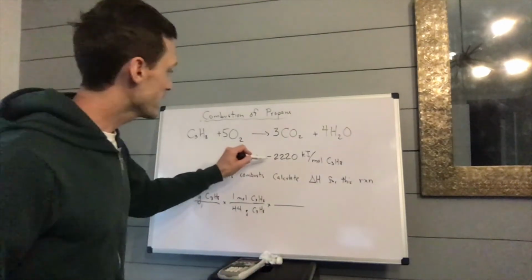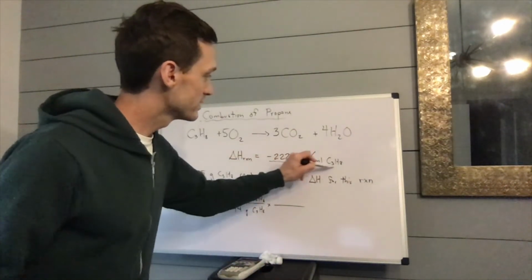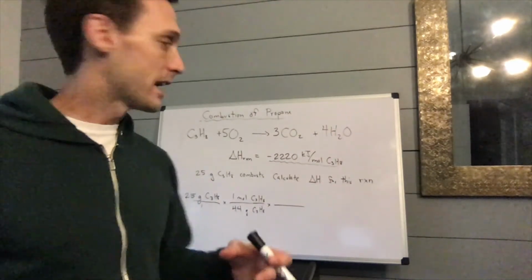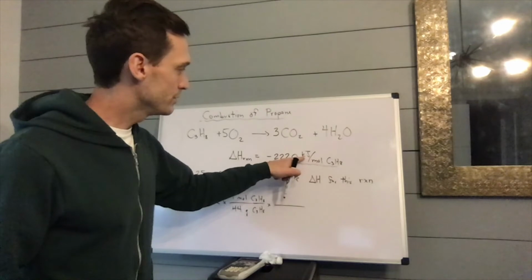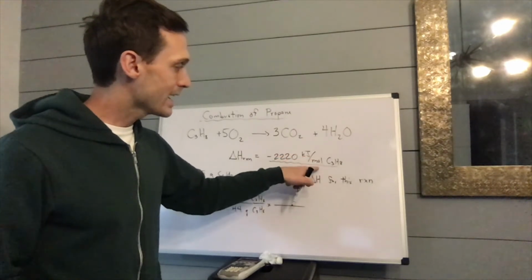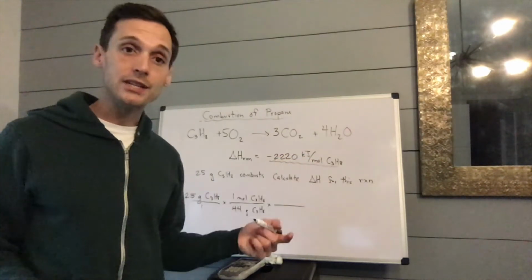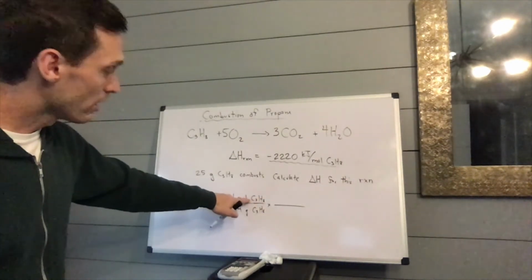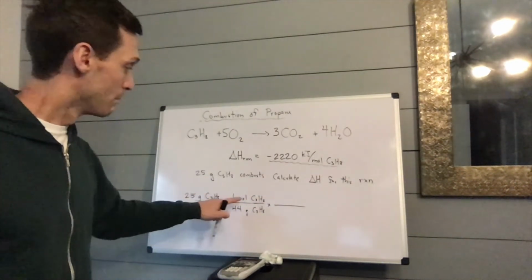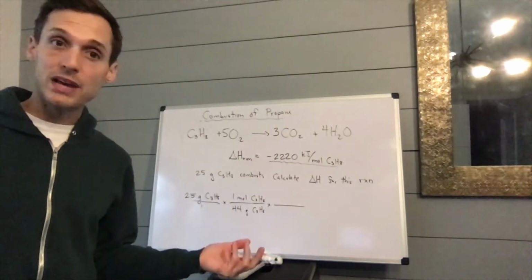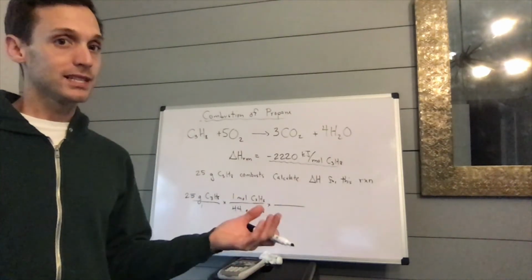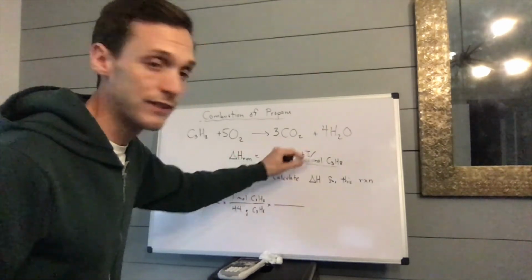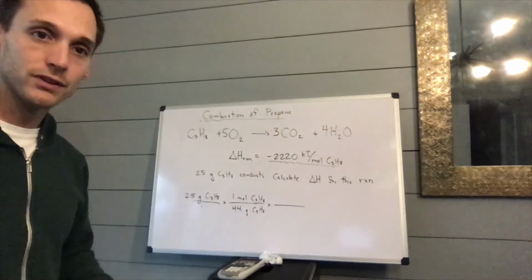And so we can use this delta H of the reaction as another conversion factor, right? Look, we have units of kilojoules and moles of C3H8. Well, in our train fraction here, we are at the unit of moles of C3H8. Now we have to cancel that. We're trying to get to kilojoules. So we can actually just plug this value, this delta H for the reaction.